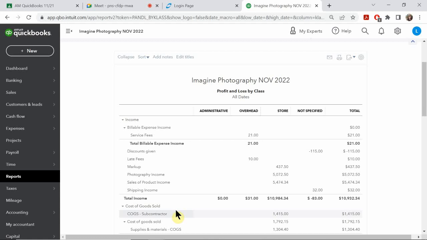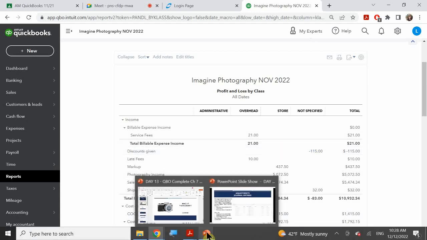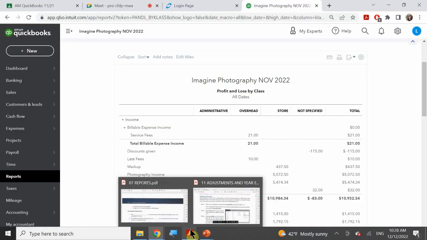We're going to transfer that over right now. So we have to understand that this is a negative number, and how this affects my books.